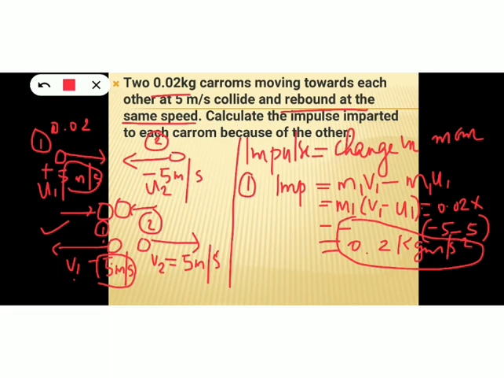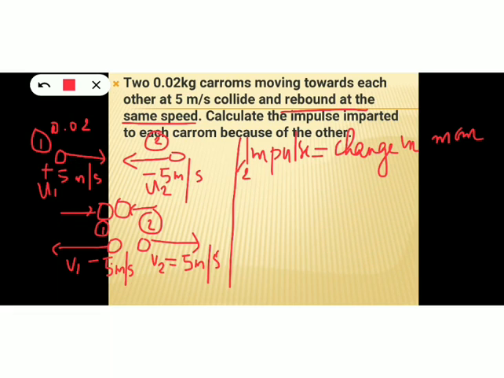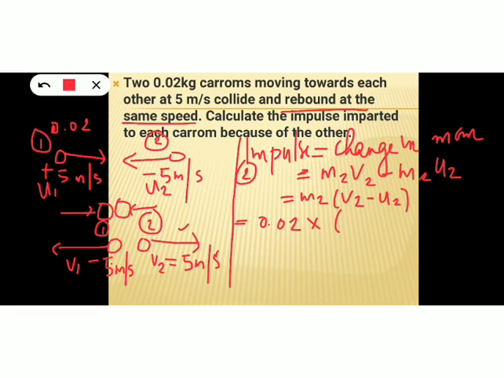Now let's calculate the impulse for the second carom. Impulse for the second carom is again change in momentum, that means final momentum minus initial momentum. The final momentum is m2 v2 minus the initial momentum m2 u2, that is equal to m2 into (v2 minus u2). Mass is the same, 0.02 into (v2 is 5 meter per second minus u2 which is minus 5).